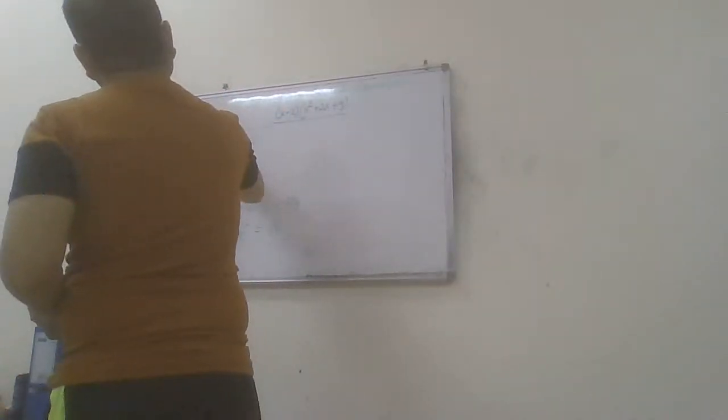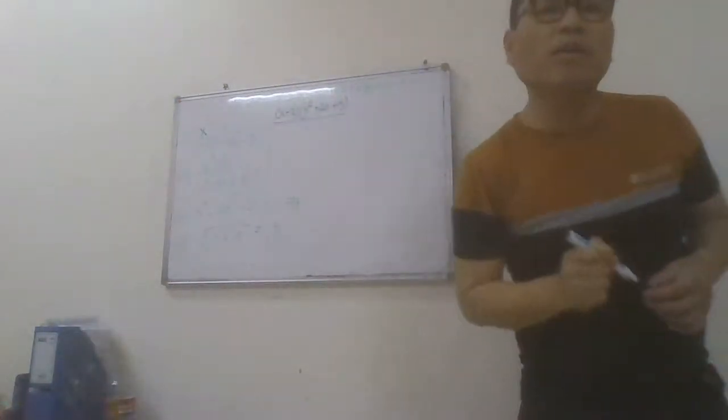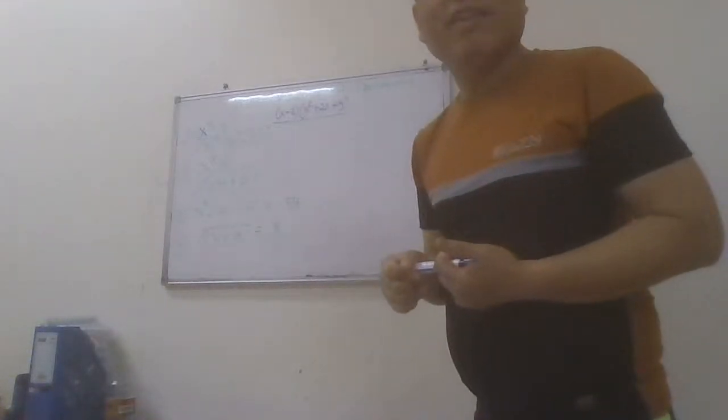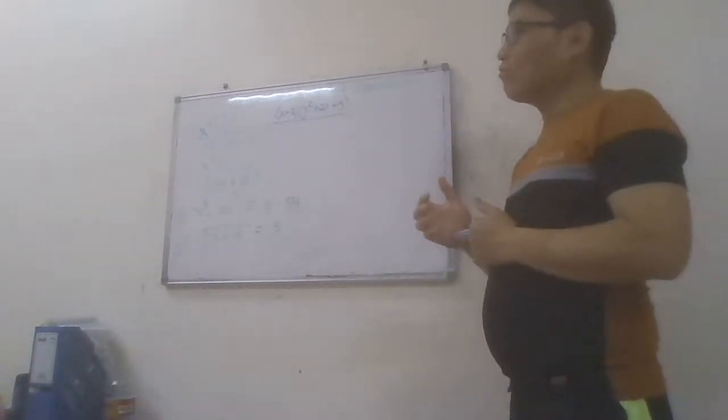Let's use this one. X cubed. Oh, it's not really clear, right? Hmm. So this is another marker here. Let's try this chart.